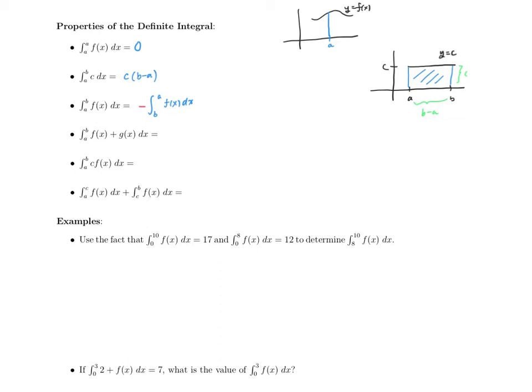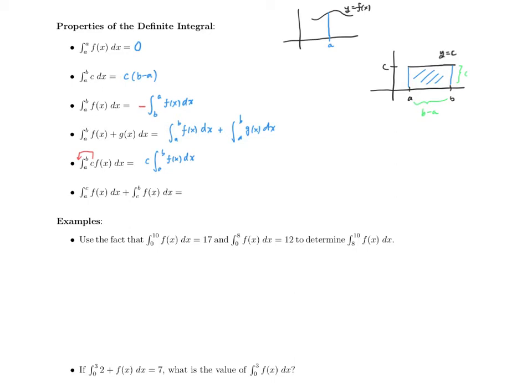Similarly, in terms of properties that we get directly from that definition, if you want to evaluate the definite integral of a sum of two functions, intuitively it makes sense you can break this up as the sum of the definite integrals. Also, if you have a definite integral of a constant times a function, you can always pull the constant out front of the definite integral.